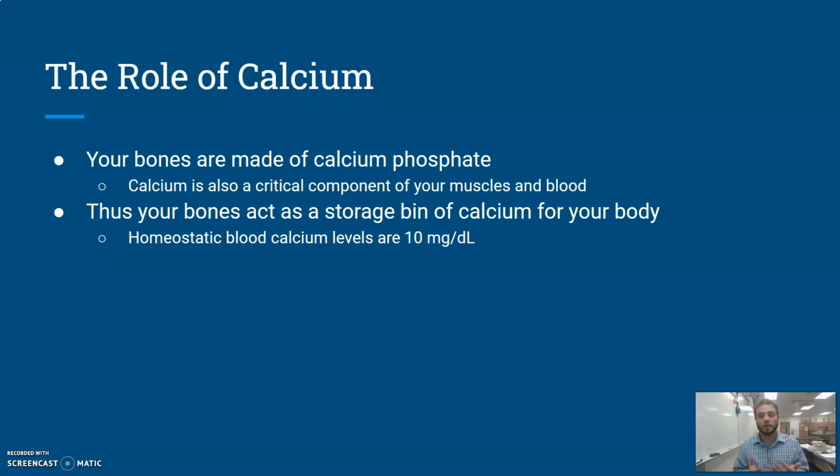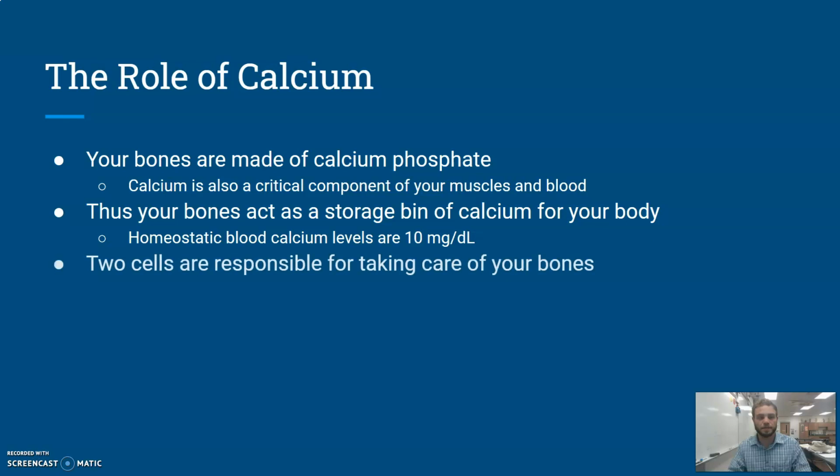The normal blood levels of calcium are around 10 milligrams per deciliter. So that gives us where we should be when we test our blood. There are two cells that are responsible for taking care of your bones and making sure that your blood calcium stays at the right level. These two cells don't sense that your blood is at the right level, but they are the ones that go and get the job done whenever they're told, hey, our blood calcium levels are too high, or too low.